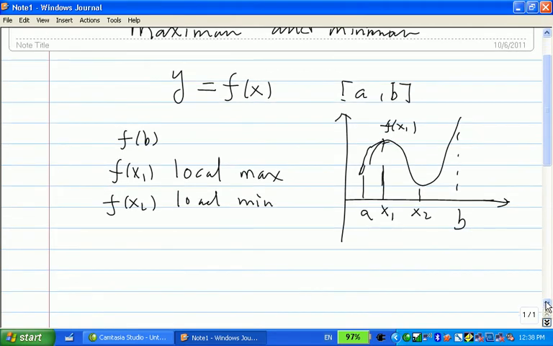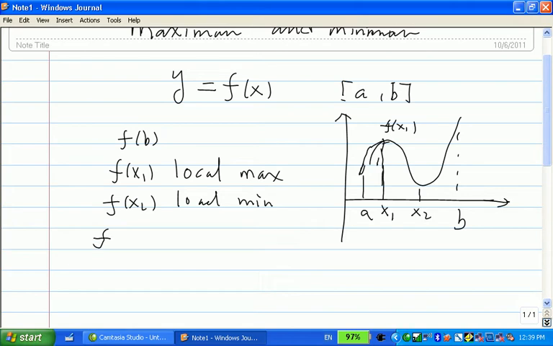So look at this graph. For all the points between a and x1, there are infinitely many points, but you don't worry about them. They are not going to be the maximum or the minimum. Finding your maximum and minimum can only happen at x1 and x2, the local maximum and local minimum, and also at the boundary.